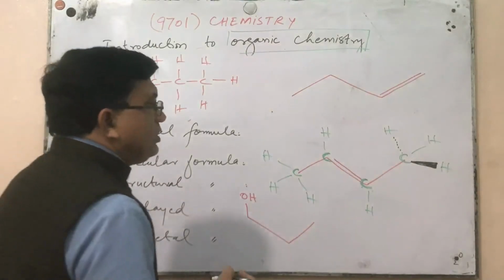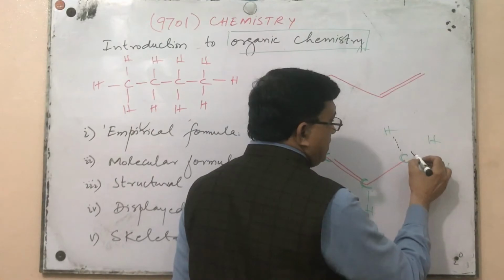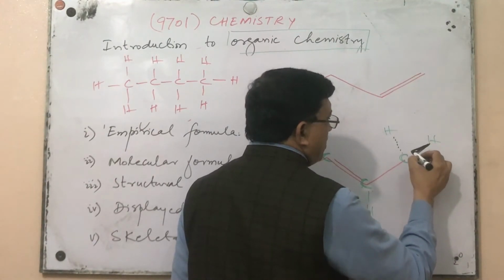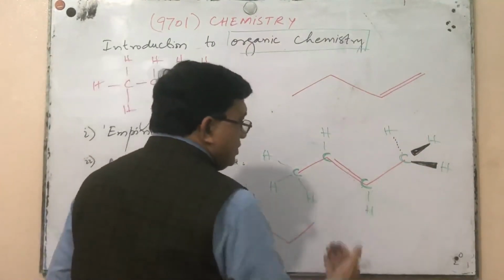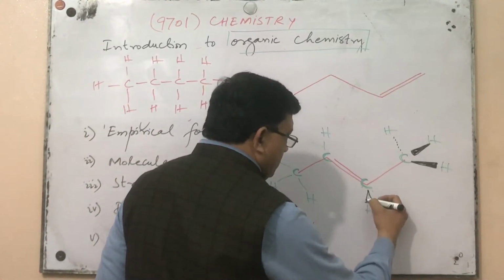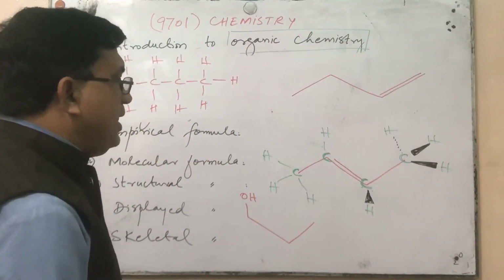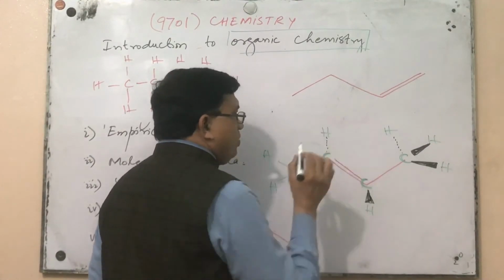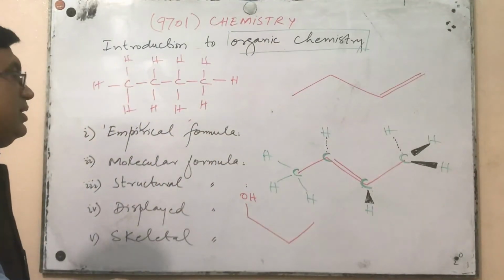It means that hydrogen is moving away from us. Now this is called a wedge shape. For example, if I represent this hydrogen in this manner, it means that the hydrogen is out of the plane. And if the hydrogen is represented just by a dotted line, it means that the hydrogen is inside the plane.